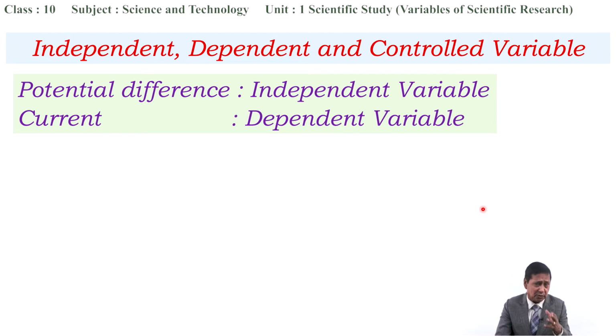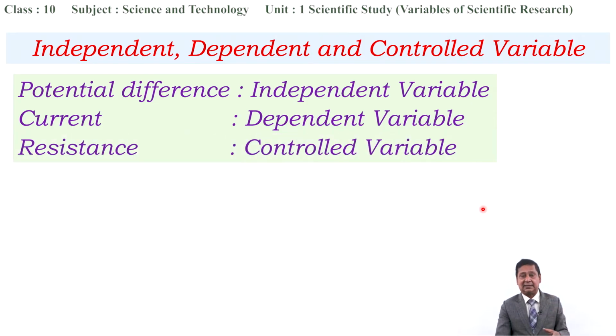And there is another matter also, resistance. What is it? The resistance of the resistor, which depends upon the length of the resistor, upon the thickness of the resistor. This resistance depends upon length, thickness, temperature, and different types of material. But we are using the same.